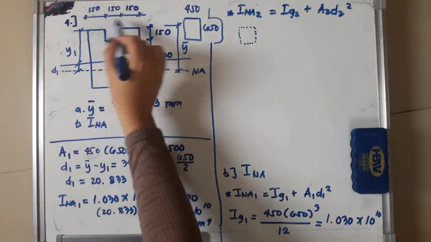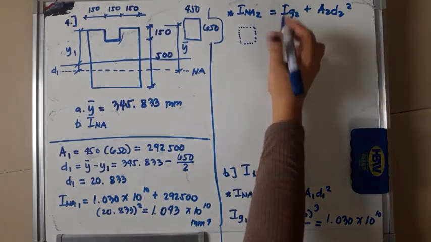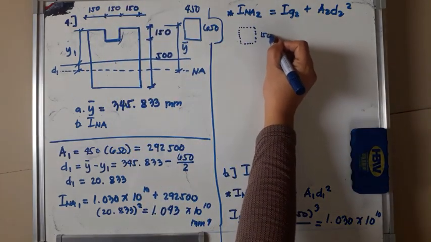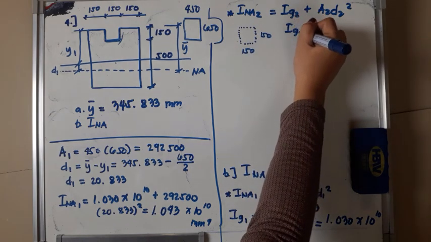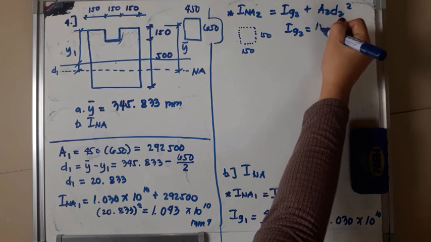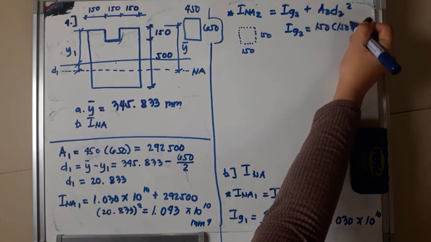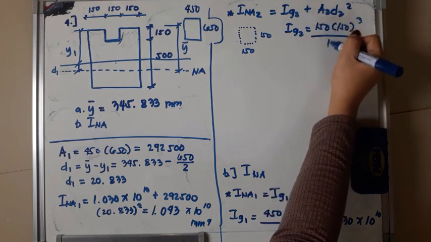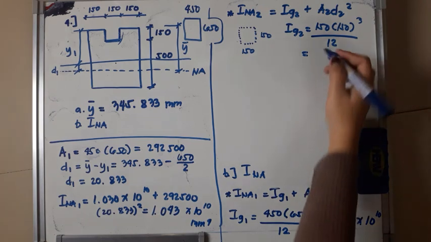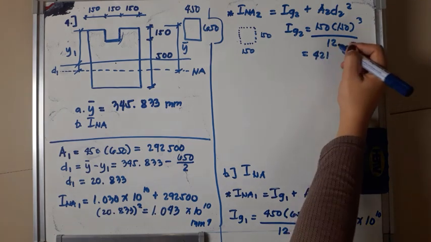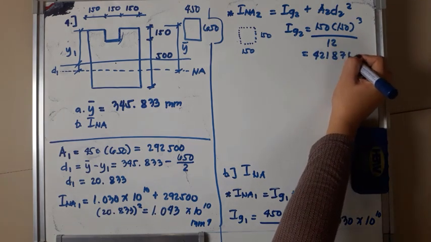This hole here is the area 2. So this is 150 by 150. So our IG2 is, what's the base? 150. Height is 150 also, raised to 3 over 12. So IG2 is 150 raised to 4 divided by 12. So 421,87500.